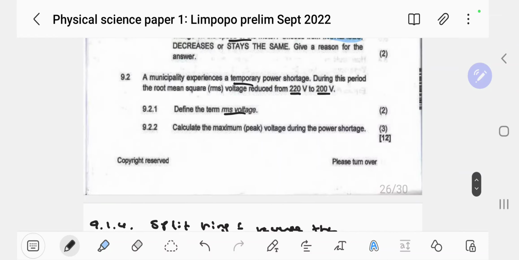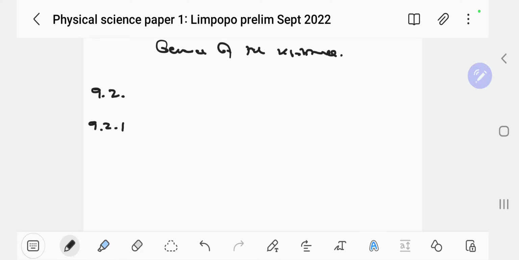So 9.2.1, the RMS voltage. How do you define RMS voltage, guys? You know your stuff, right? The RMS voltage is the voltage used to determine the average power delivered by an AC source. You can just say that. Or you can say it is an AC voltage that is equivalent to the DC voltage necessary to deliver the same power. Okay, so maybe let's try the technical one.